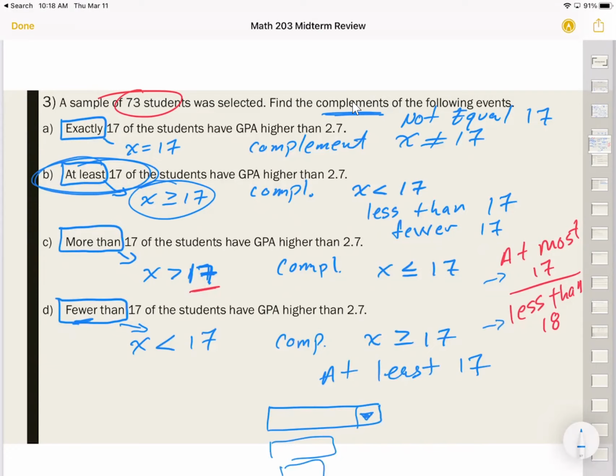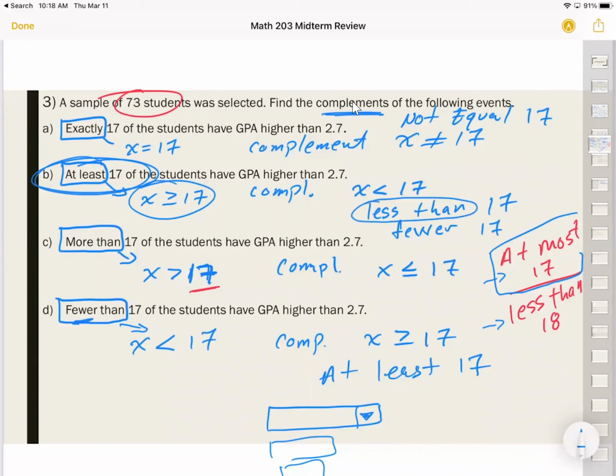They're not going to have X is less than or equal to 17. It's going to be words like at most 17 or less than 18. They will have the description, and that's why you have to translate the inequality to the word description.